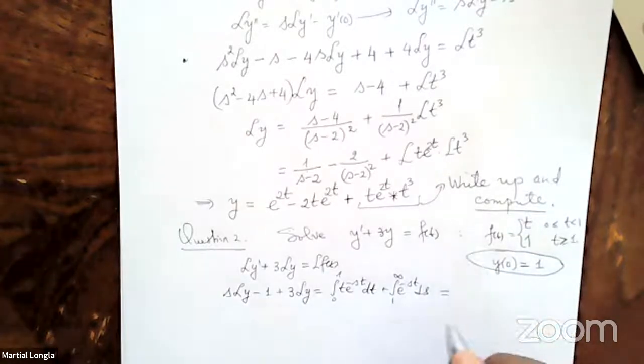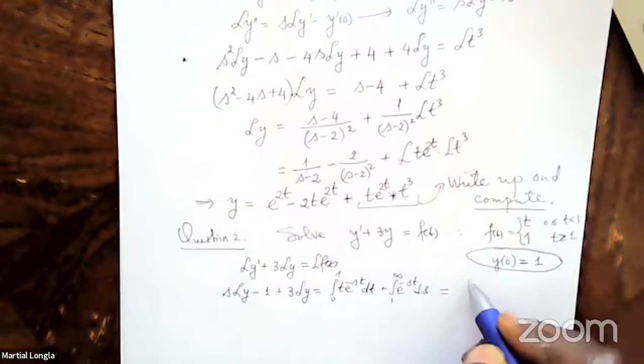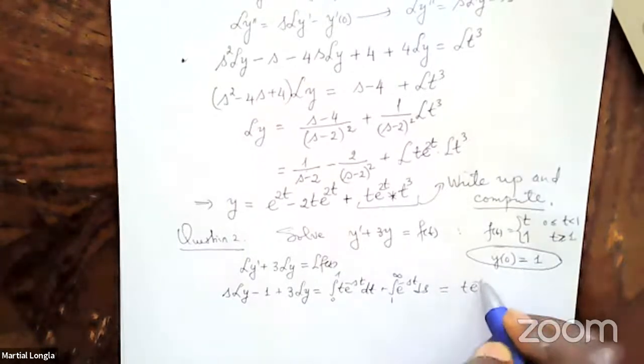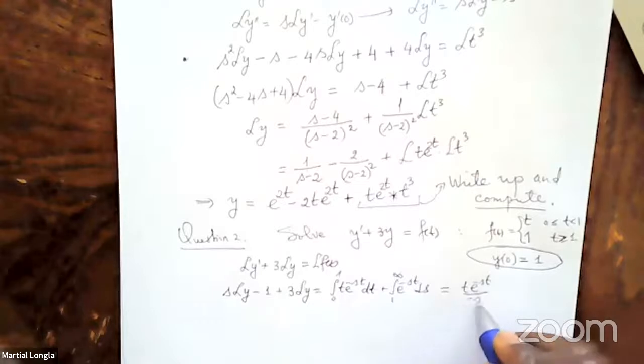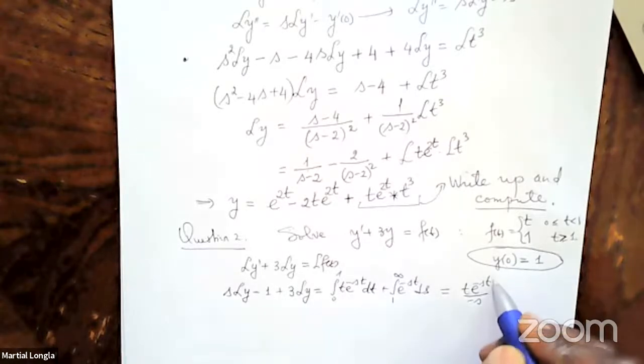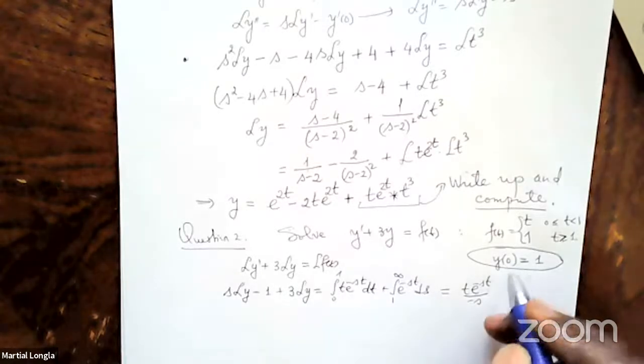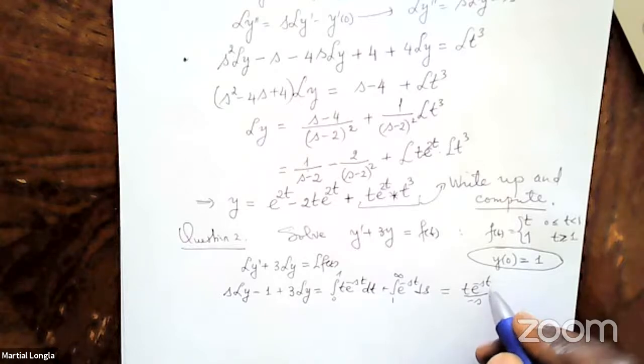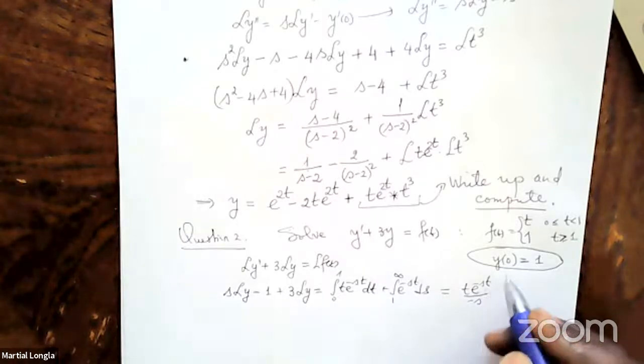And now we can do this. When we integrate this, what do we get? We get t e to negative st over negative s, taken from 0 to 1, minus the integral of that.